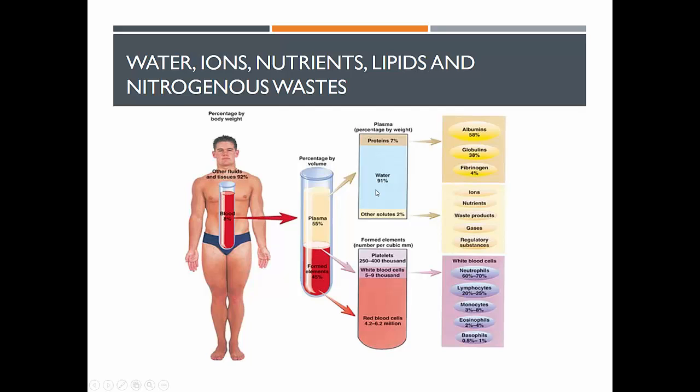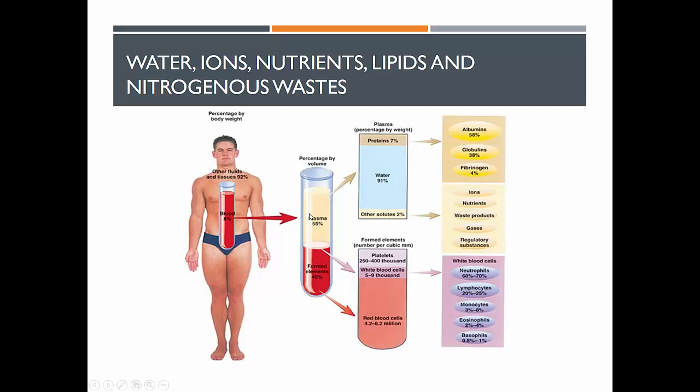Alright, let's have a look at this. If you notice what this is, again, it's a centrifuged vial of blood. We now have to talk about water, ions, nutrients, lipids, and nitrogenous waste, and I will lay them out a little bit so they're easy to understand. Basically, most of these things can be found in the plasma.